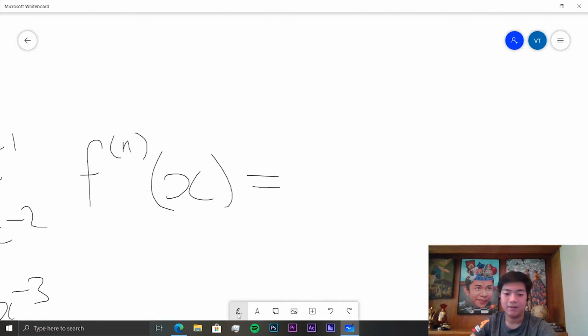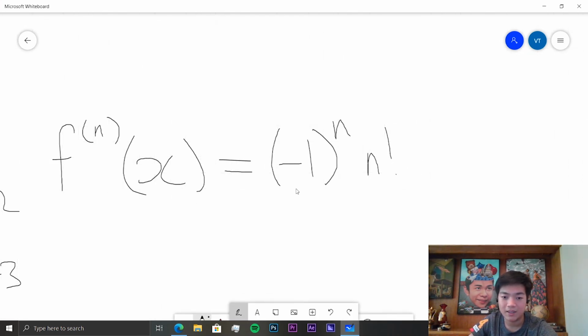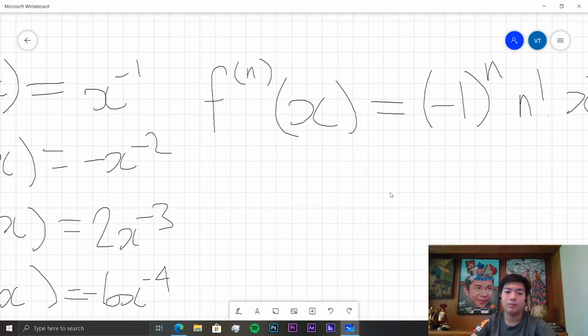So we have -1 to the n times n factorial times x to the n plus 1, or x to the -n minus 1. And let's prove this for the base case.